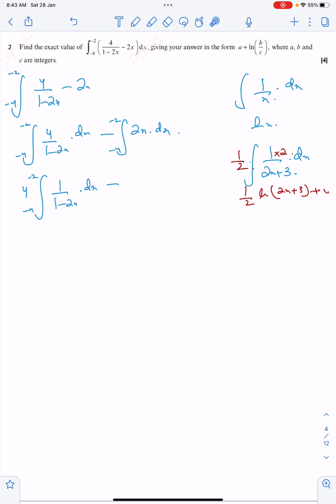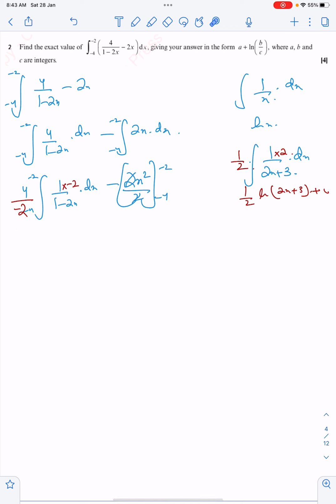Okay, the integration of 2x is 2x square upon 2 when simplified, and we put the boundaries, which are minus 2 and minus 4, in the next step. Here, in order to integrate this, we know that the derivative is negative 2, which is not here. So if I need a negative 2 here, I will put a negative 2 here as well, just to cancel the effect, because we have introduced this on our own.